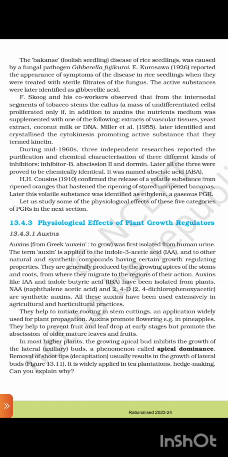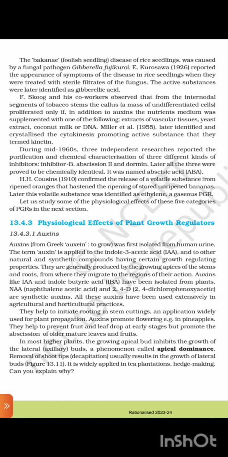Auxins like IAA and indole butyric acid, IBA, have been isolated from plants. NAA, naphthalene acetic acid, and 2,4-D, 2,4-dichlorophenoxyacetic acid, are synthetic auxins. All these auxins have been used extensively in agricultural and horticultural practices.